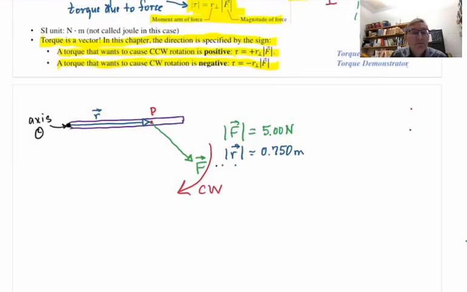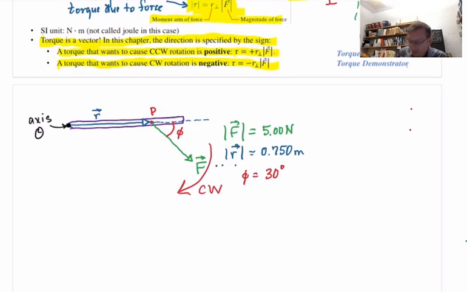It's an angle. We're going to call it phi. What I'm going to do is extend R and then mark phi so that you can see it right there. And phi, I'm going to tell you, in this case, is 30 degrees.